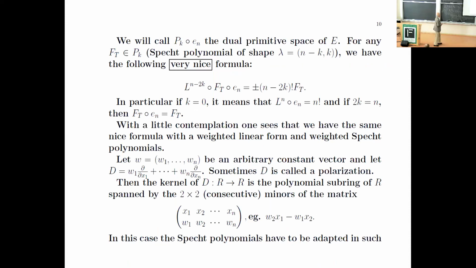I have spoken about dual primitive spaces. For any Specht polynomial ft of shape lambda, we have this very nice formula.